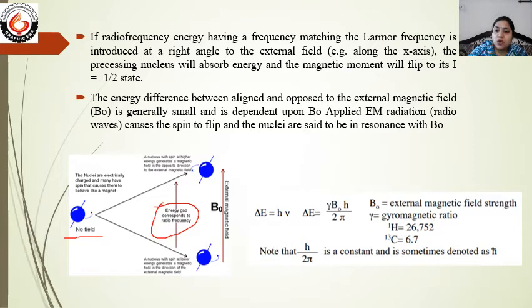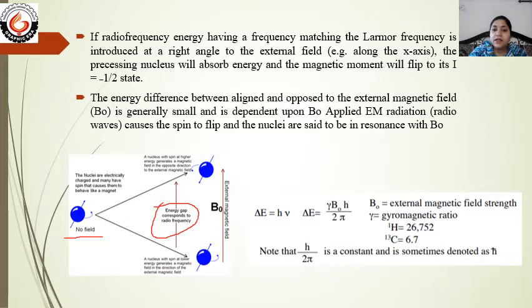For the transition, the energy should be equal to the energy gap between the aligned state and the opposed state. At that frequency only, resonance will occur, as both the energies match, and a signal is obtained.